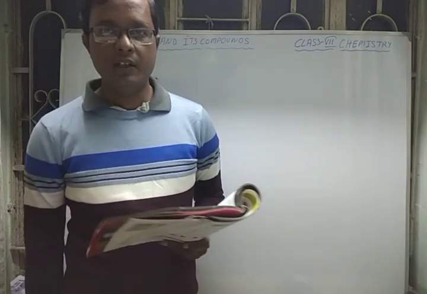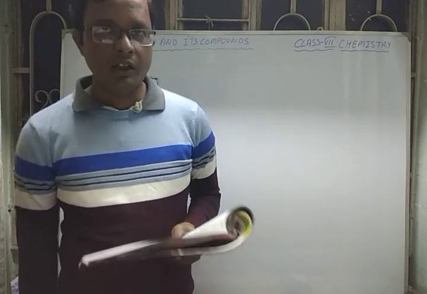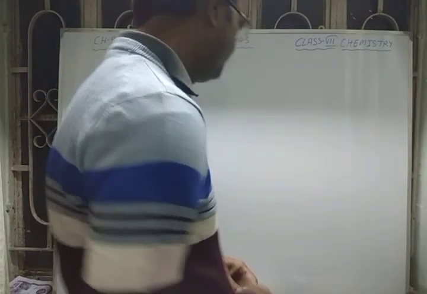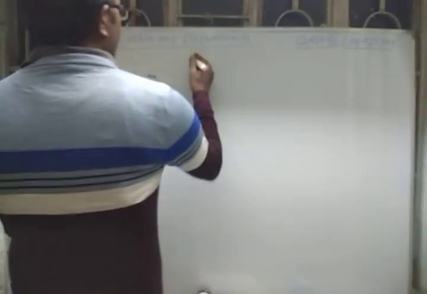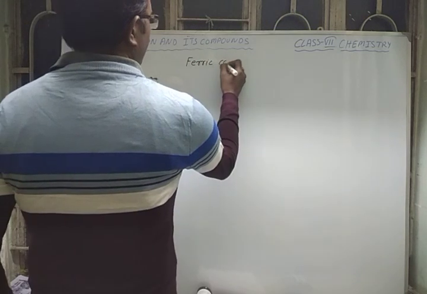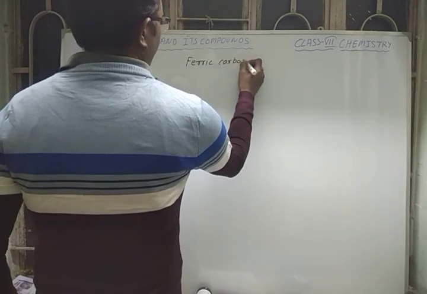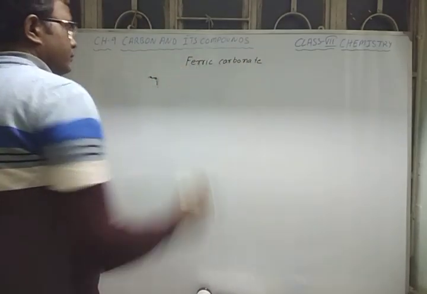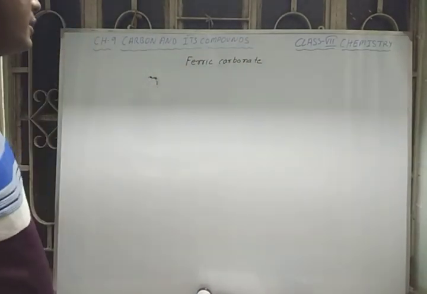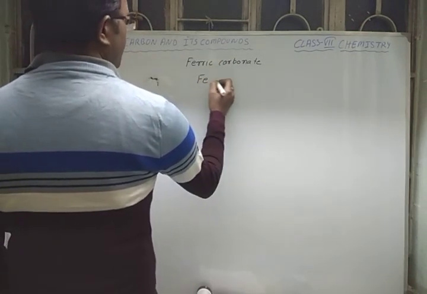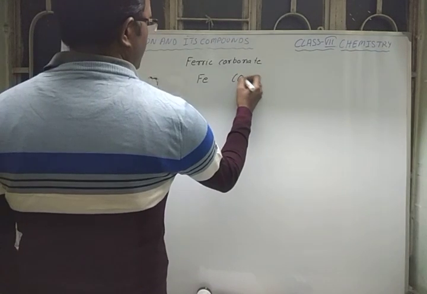So one is an element and one is a radical. Ferric is Fe and carbonate is CO3.